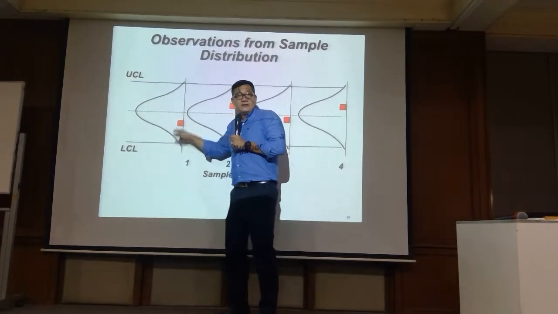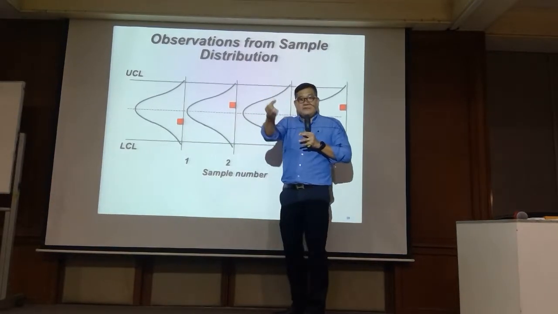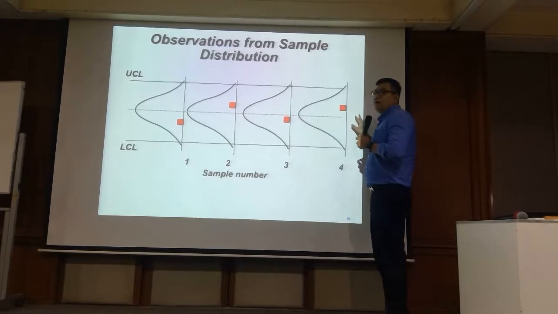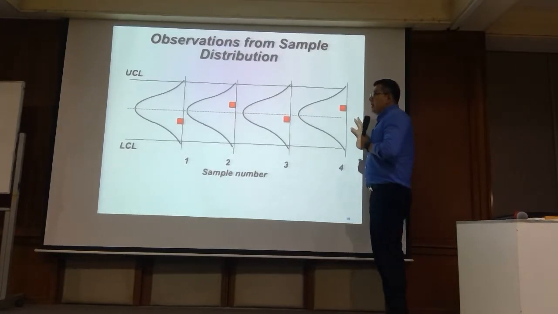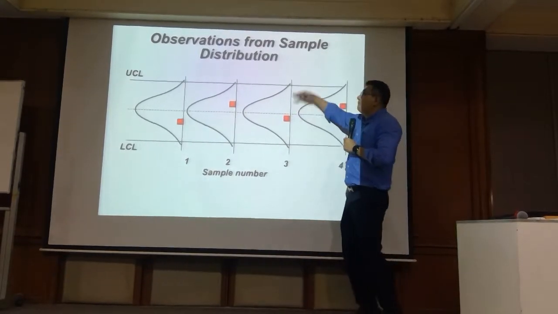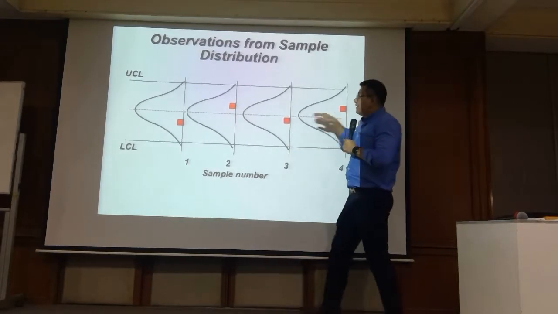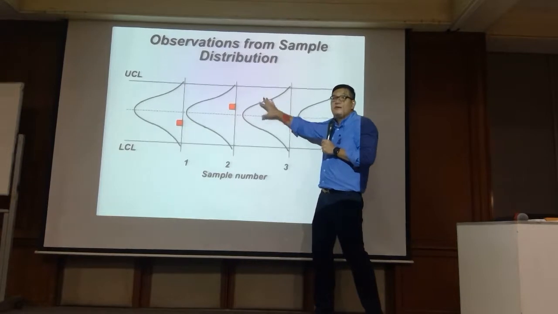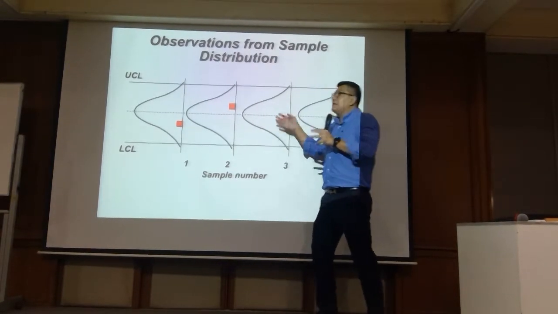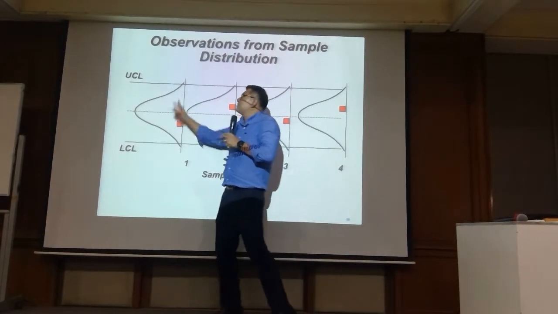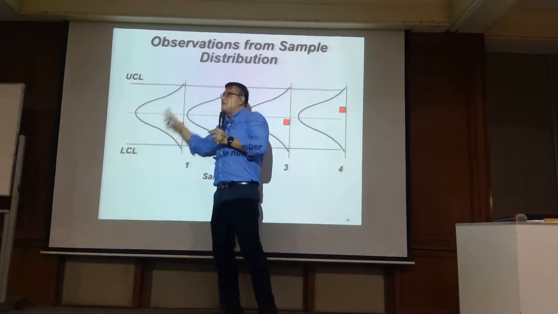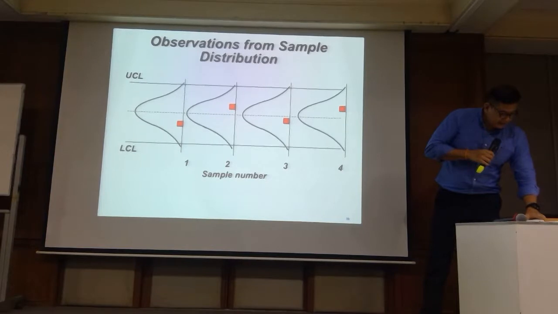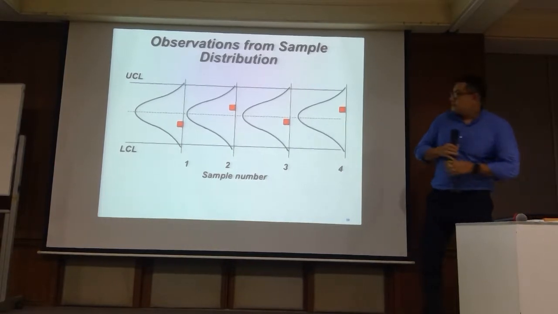For the second hour, we sample, calculate the average, and plot another point. We plot all the sample averages, use the formula to calculate upper and lower limits, and see whether the plots are within them or not. If they stay within the control limits, it's in control, which means that if you wanted to construct the sampling distribution, you would have the same sampling distribution for every hour, just like this picture.